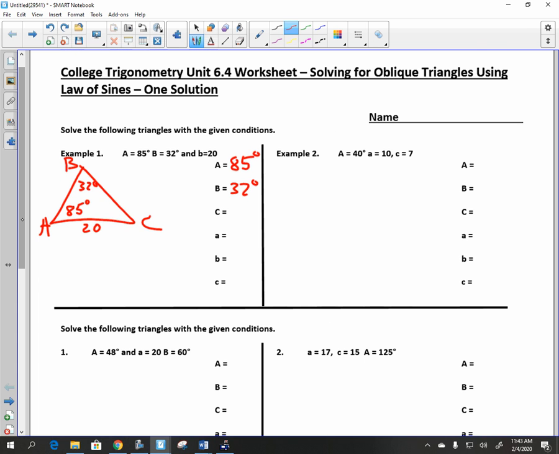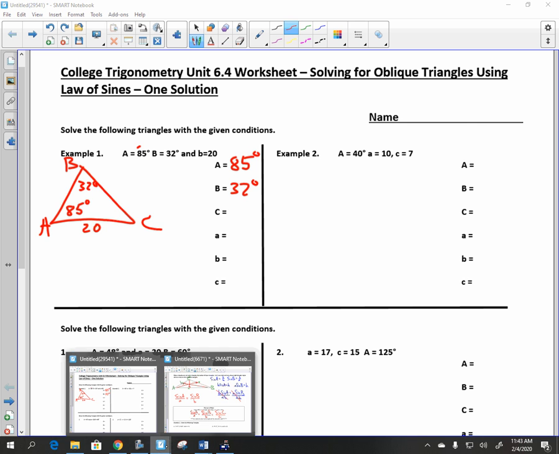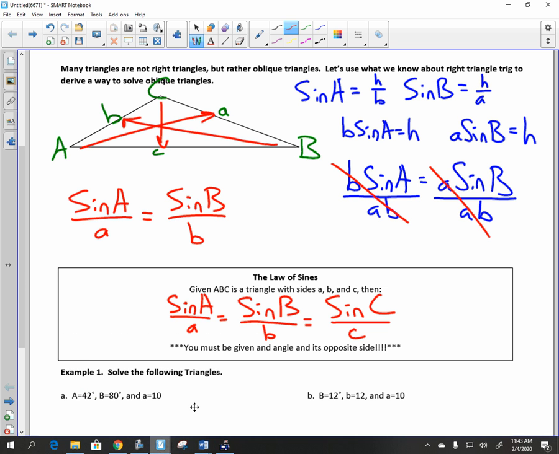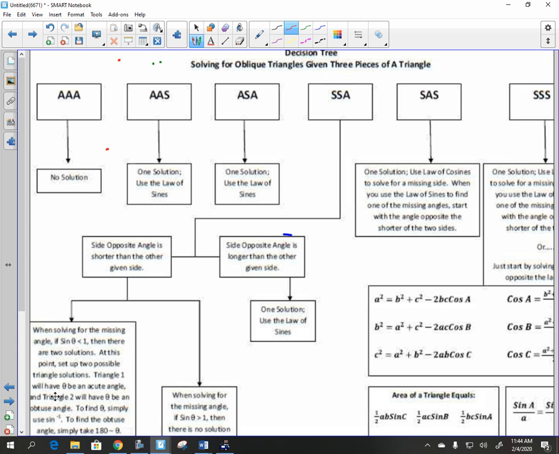Now, if you look at the very last sheet that you have in your notes, you might want to tear it off and put it in front of you. Do you remember talking about all these sides and angle postulates when you're in geometry?